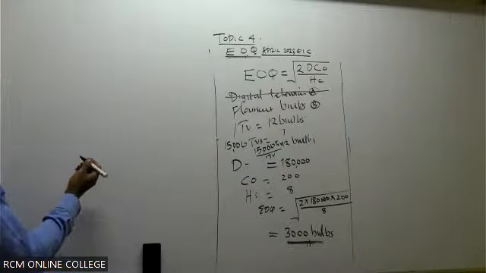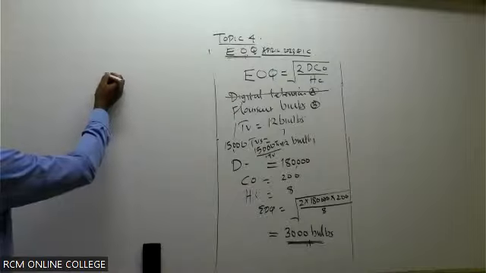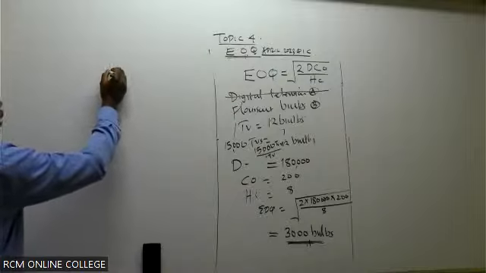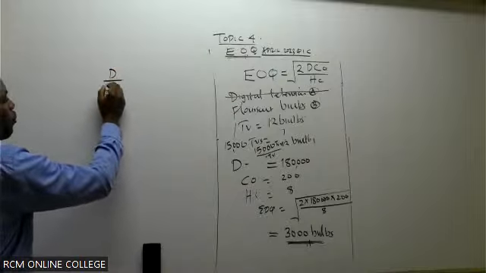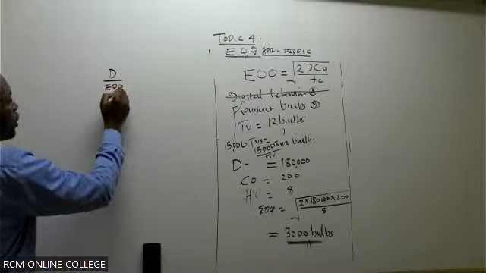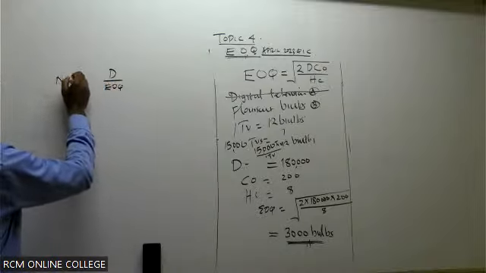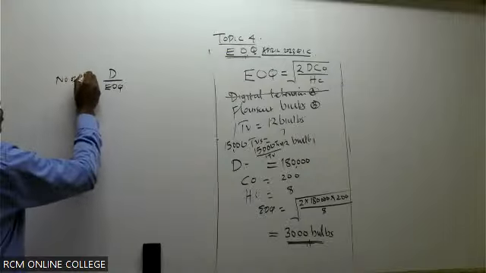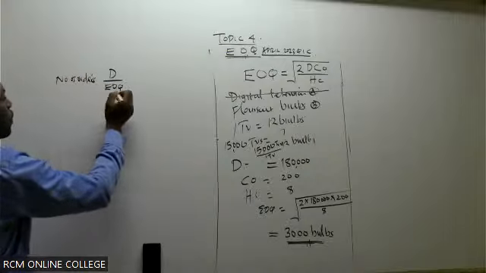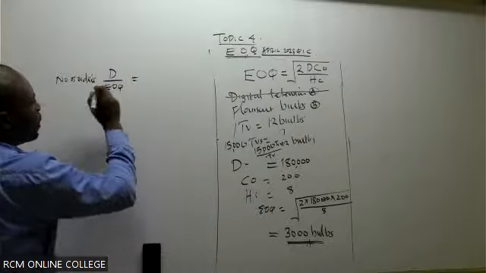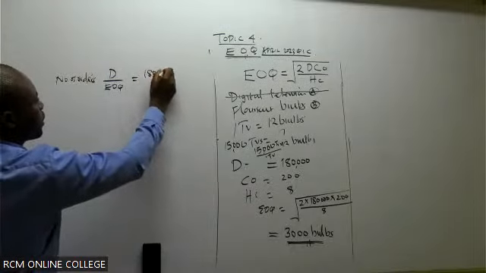This is what will happen. So how do we get number of orders? Number of orders is equivalent to demand over economic order quantity. So number of orders will be equivalent to demand, which is 180,000.